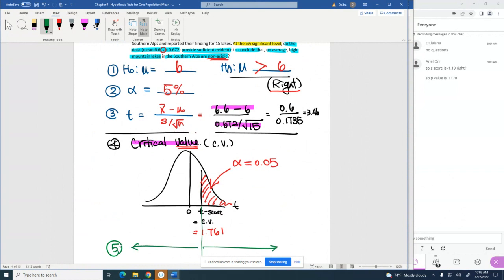Now we can split two partitions. Already we got the critical value, the t-score from the t-table. It's named the critical value, 1.761. With the critical value, we can make the two partitions, left-hand side and right-hand side.